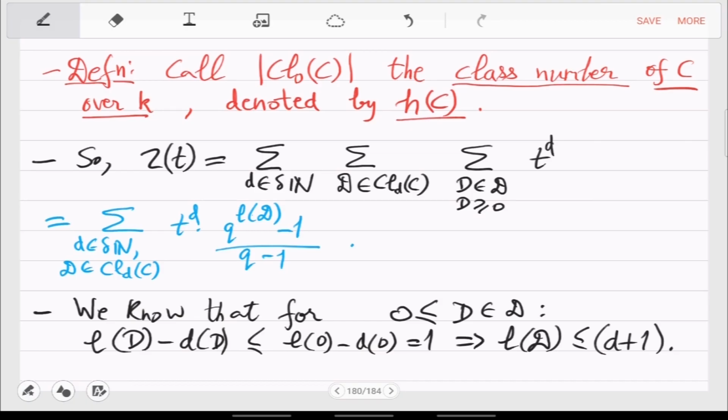We have still not used the full force of Riemann-Roch, that we'll do later. So for now, we just want an upper bound. So Z(t) is less than or equal to, maybe let's do next page.